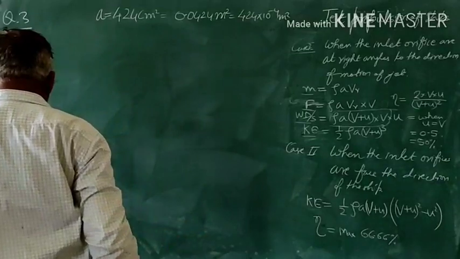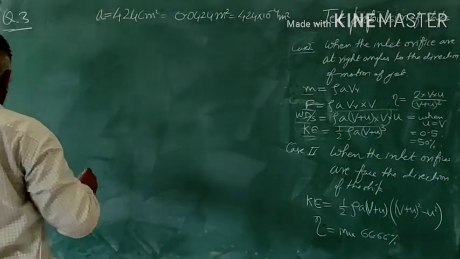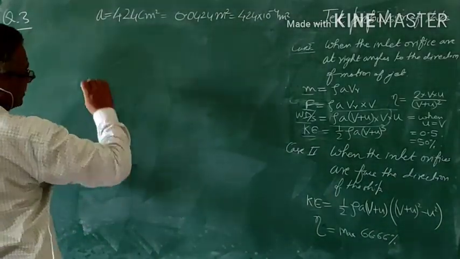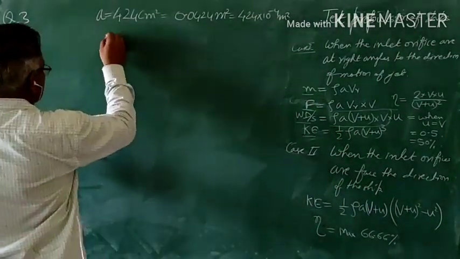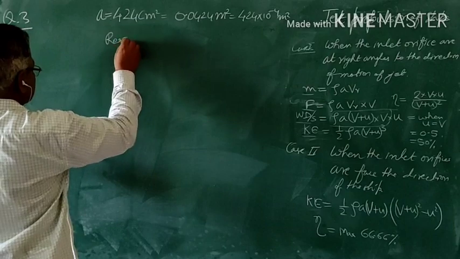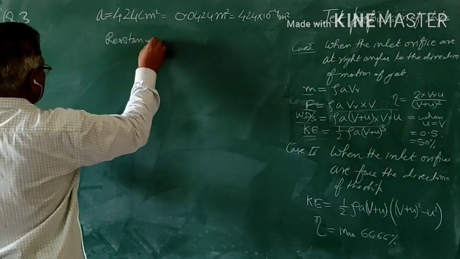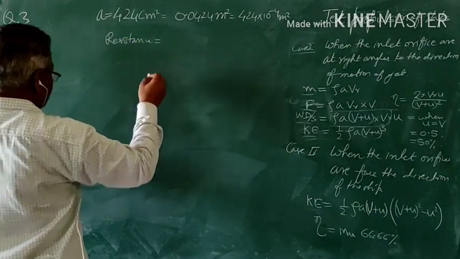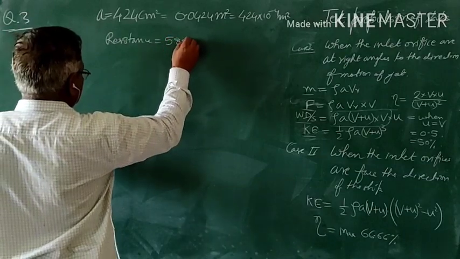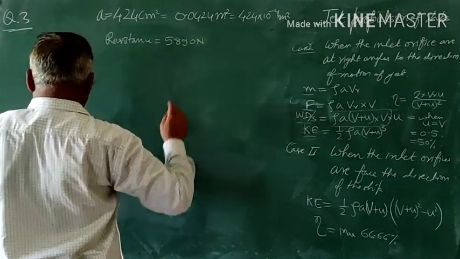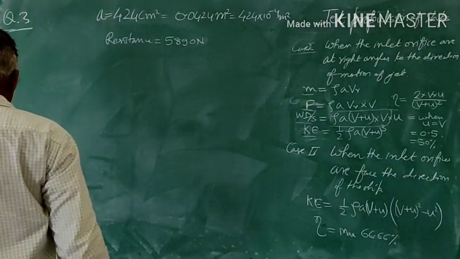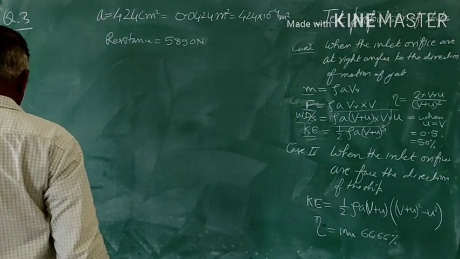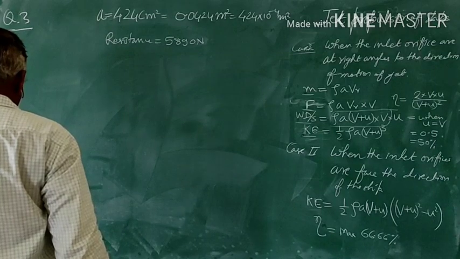That is the area given. It is given that the total resistance to the motion will finally be equal to the propulsive force. So resistance is given as 5890 Newton, and we are required to find out the flow of the water.